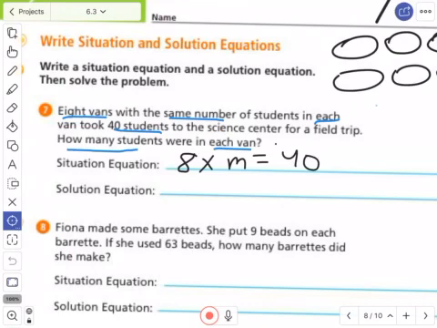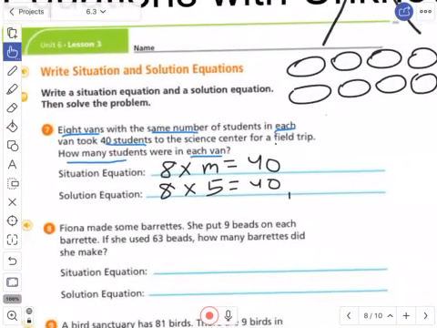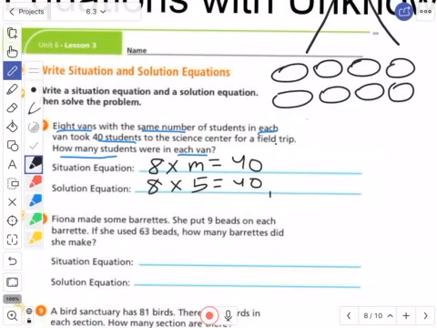It's the equation that matches the word problem. It's the part that basically explains, okay, this is what the word problem is about. Now I'm going to use this equation to actually get the answer. So my real answer, my solution equation, looks like this. 8 times 5 equals 40. And then right after that, I'm going to write 5 students.